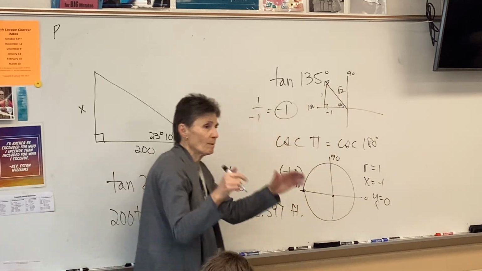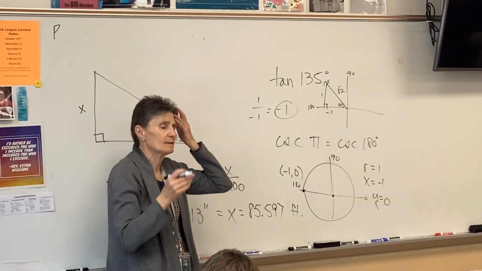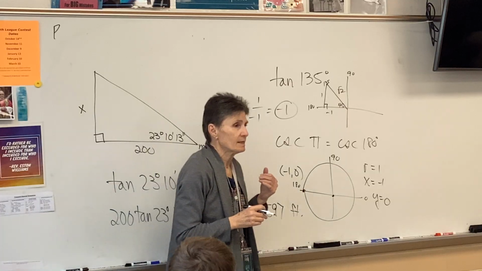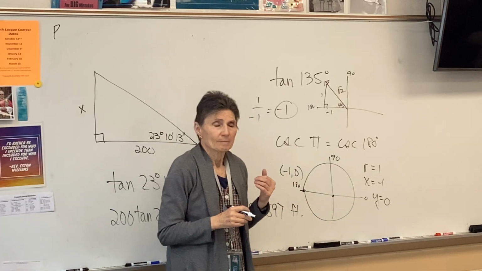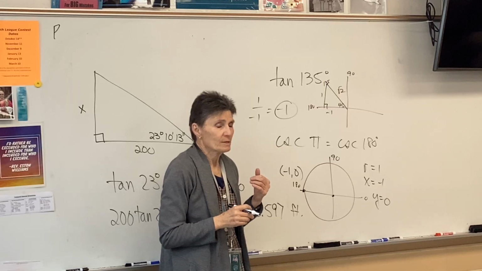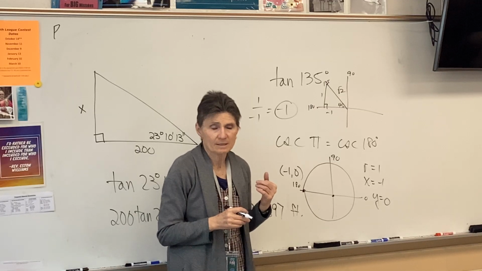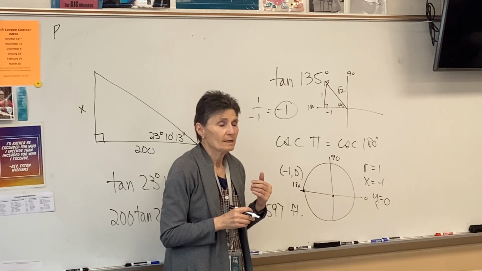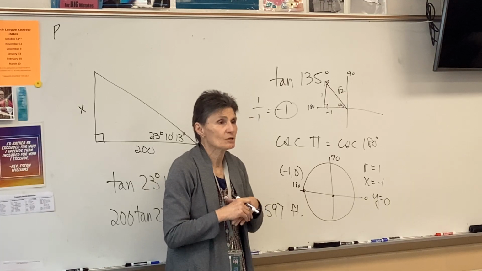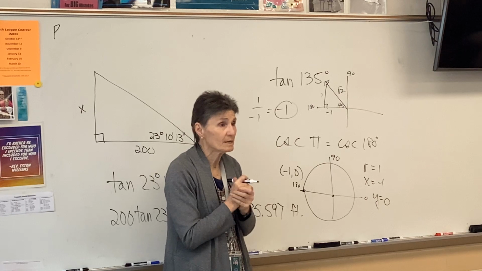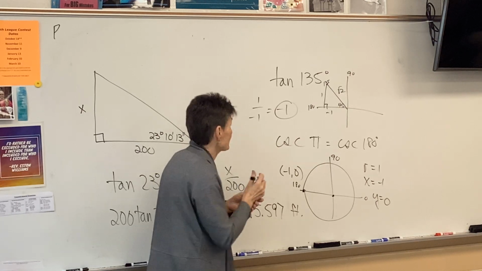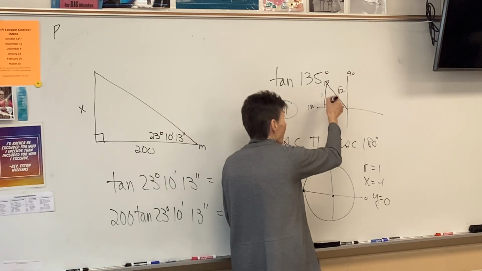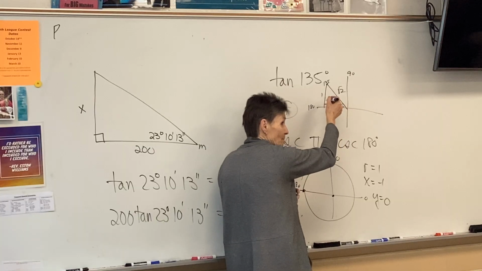And then I just gotta remember, oh my gosh, what is cosecant? Oh, cosecant. That's r over y. R over y. Because cosecant is the reciprocal of the sine. And sine is the y, or the opposite side.